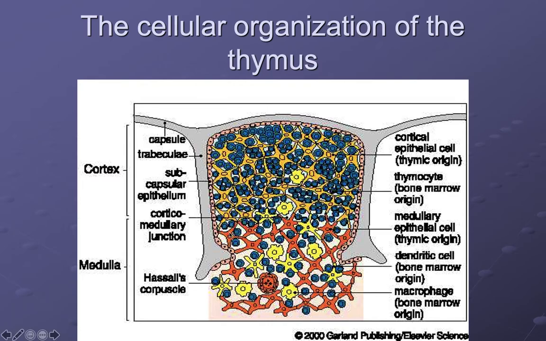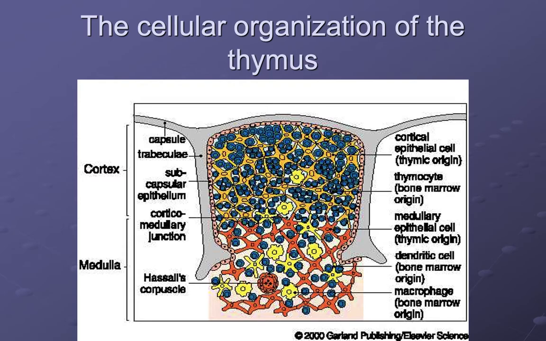As you can see here, we have the Hassall's corpuscle. Surrounding it, the epithelial cells are more sheet-like, more flattened.